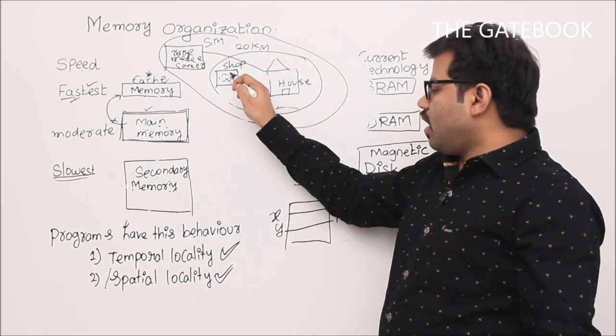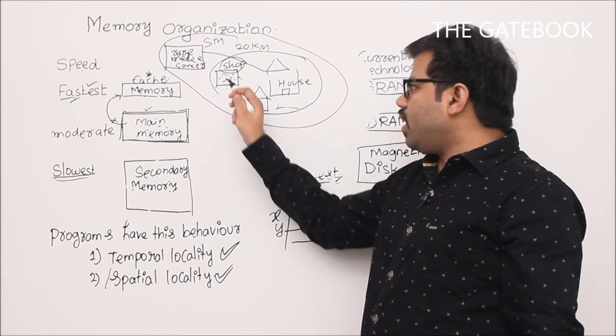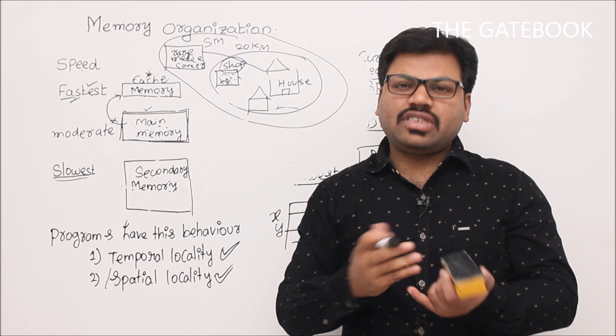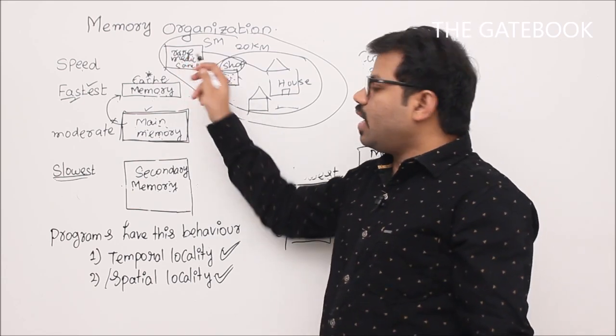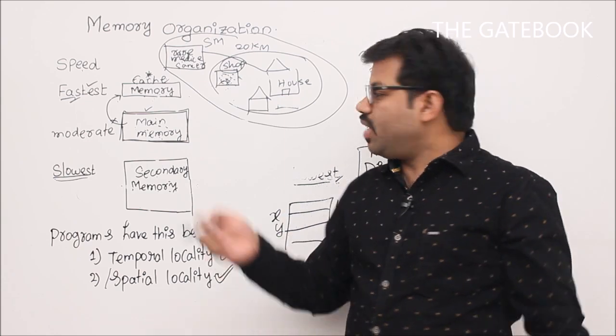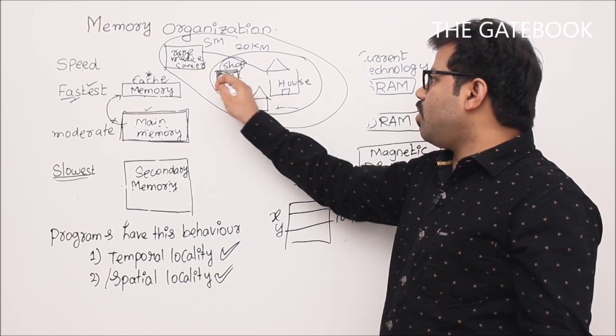Now this shop owner cannot keep that rare medicine here, because if he keeps it, the space will not be sufficient. He would also have to keep so many such things, but he can't. Correct? He has a space limitation, a very small shop.